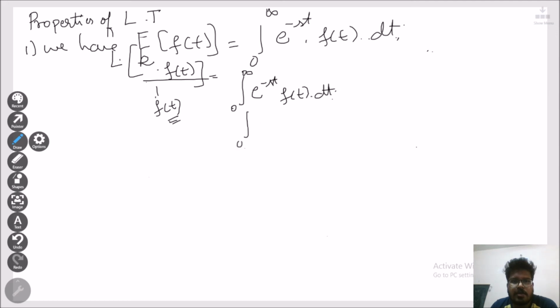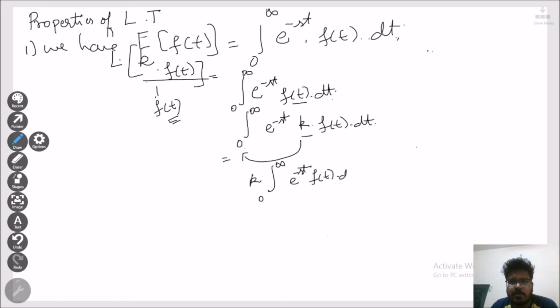Now replacing f of t with the original value, here we have taken k into f of t. Now replace f of t with k into f of t dt. Now since it is a constant, k will come outside, so k into integration from 0 to infinity e to the power of minus st f of t dt.